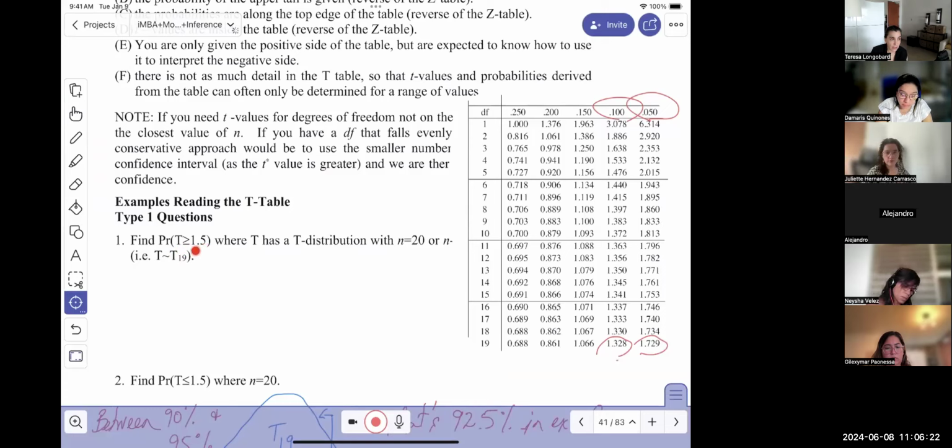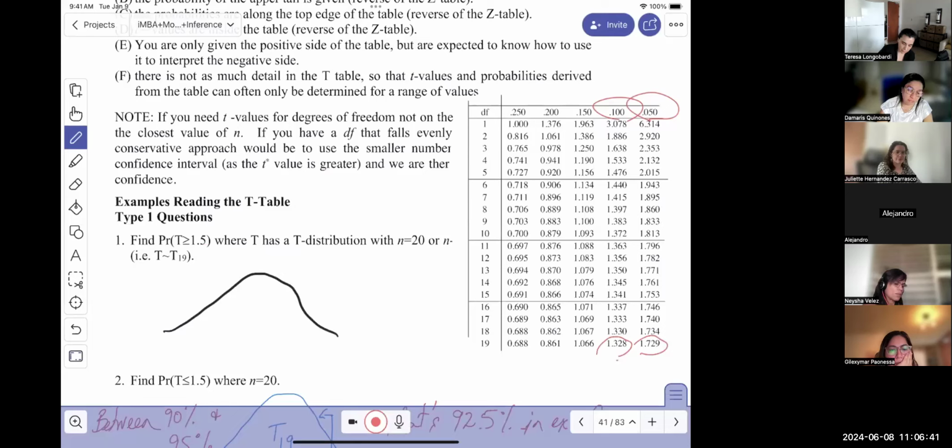So this is like your T test statistic, and you want to know the tail probability for 1.5. You have to specify the N to do this, okay? So someone has to give that to you. So right away, once you know the N, draw something that looks like the usual drawing.